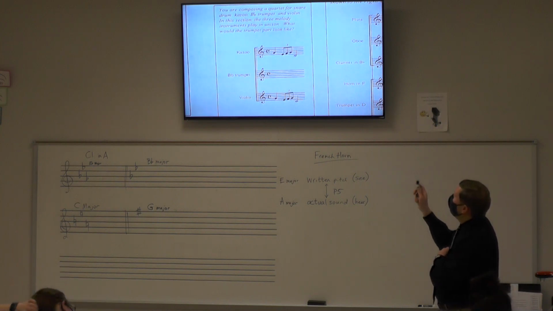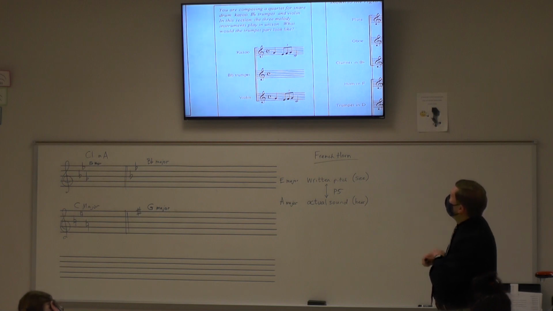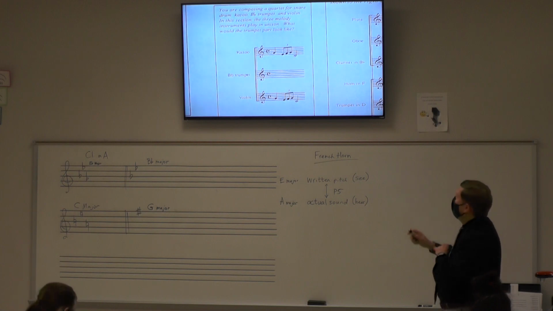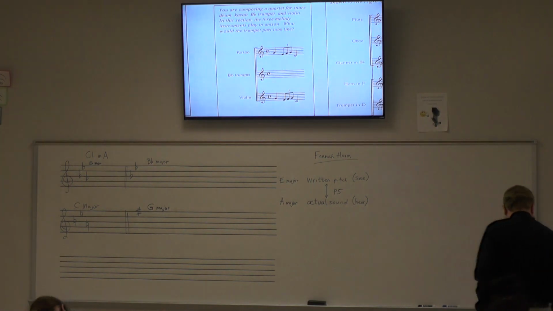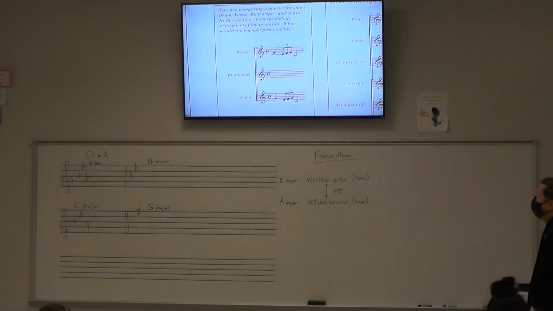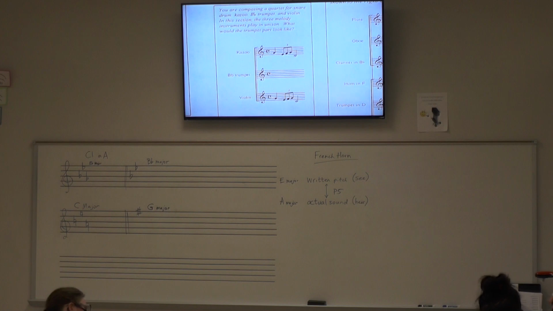And we want all three instruments, the melody instruments, to play in unison. So you can look at the kazoo part or the violin part, it doesn't matter, because neither of those parts transpose. In what key are the violin and kazoo parts written? C major. That's actual sound, nothing to do with transposition.